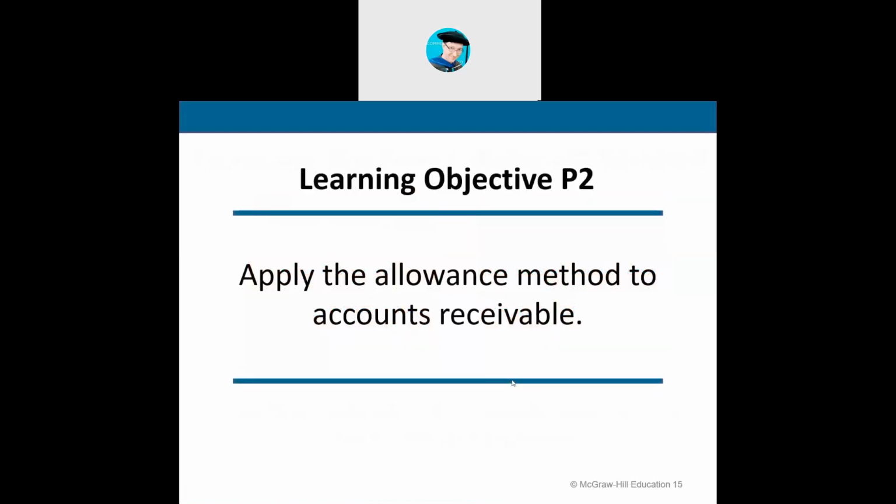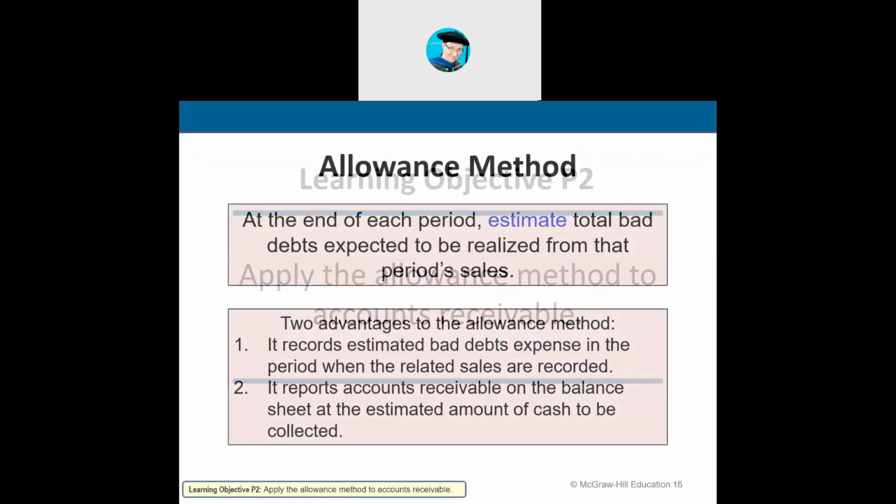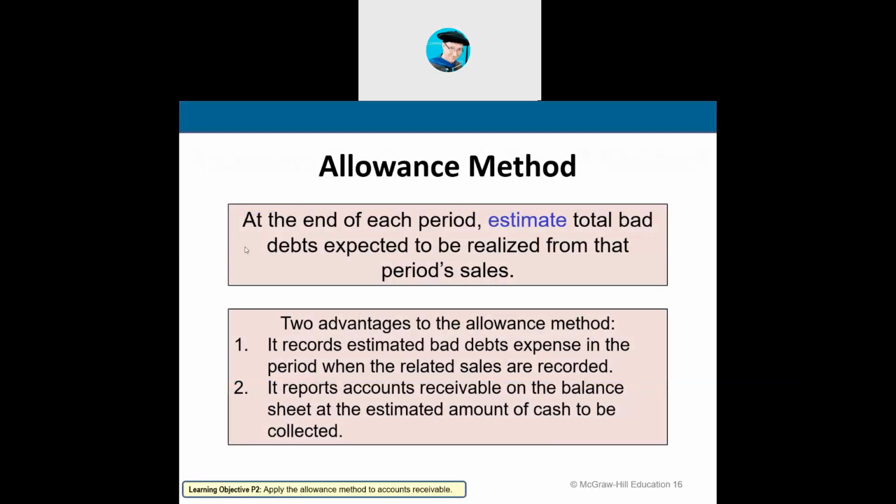Let's talk about the allowance method, which is the second way for bad debt expense. The allowance method is an estimate. So earlier you talked about Home Depot and Lowe's, huge companies, as you would imagine. And these huge companies, they have their own store cards. There is an expectation that there will be a percentage of my customers who will not pay me.